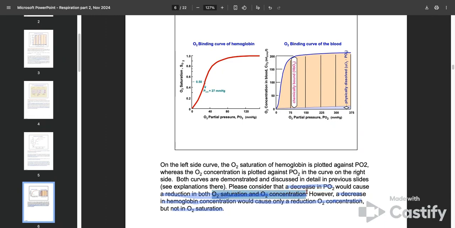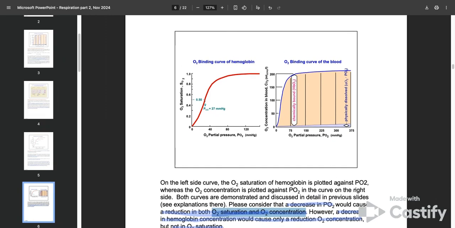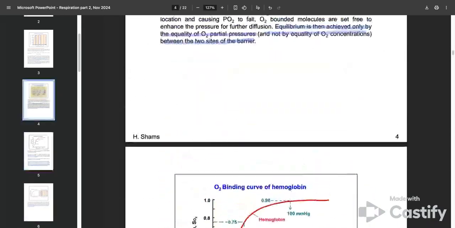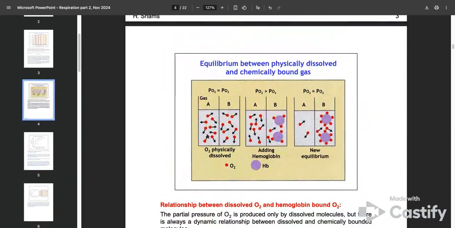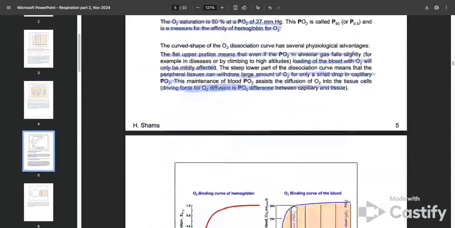So if you have a decrease in partial pressure of oxygen, you're going to have less oxygen saturation, which we previously explained, and even less oxygen concentration. And we've also talked about that before. So here, for example, you have less partial pressure of A, you've got less particles of A, so you've got less partial pressure. So you're going to have a lower concentration, obviously.